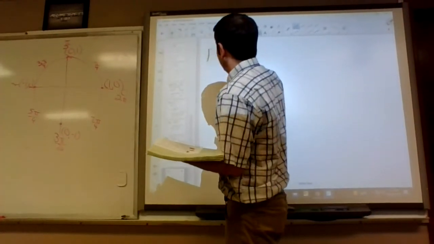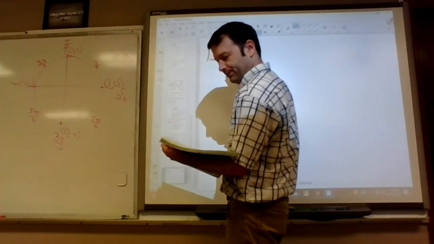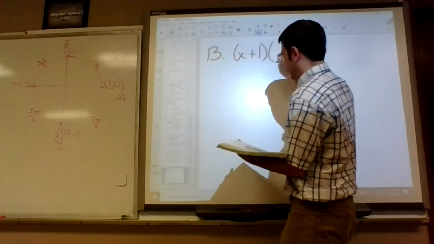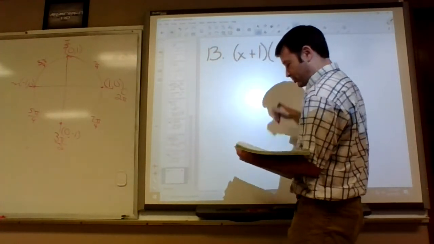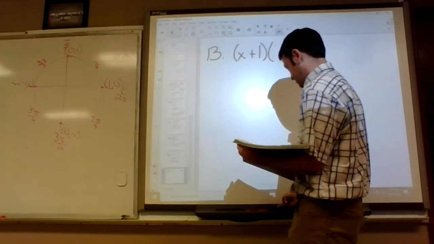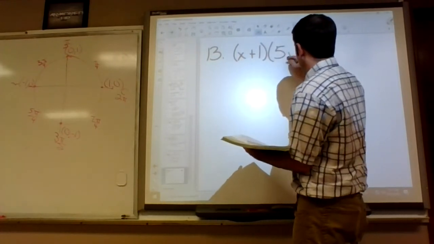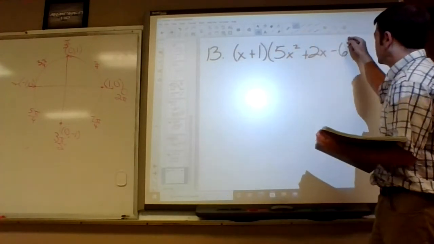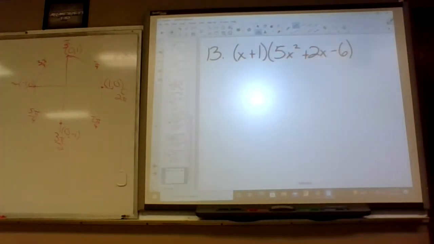Okay, number 13. You should work faster. 13's a little more, it's not a FOIL problem. Does somebody besides the juniors want to try number 13?